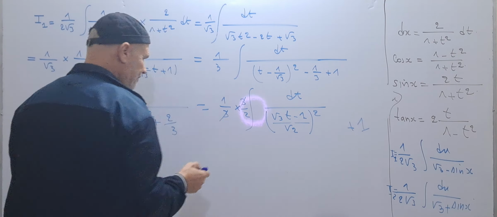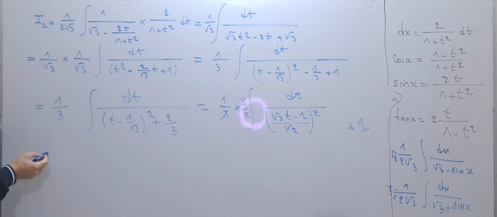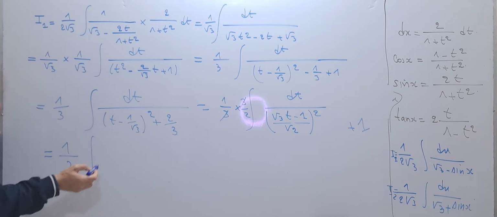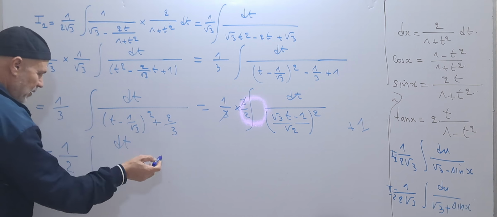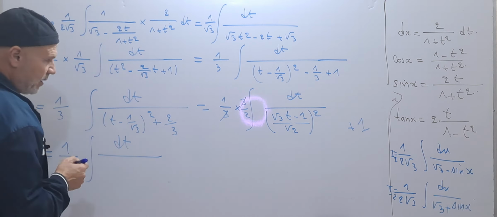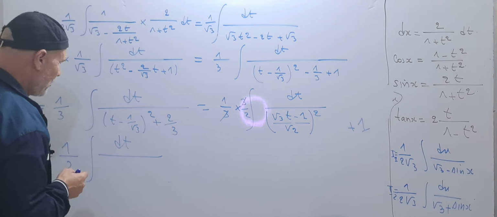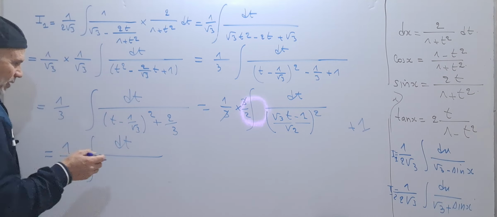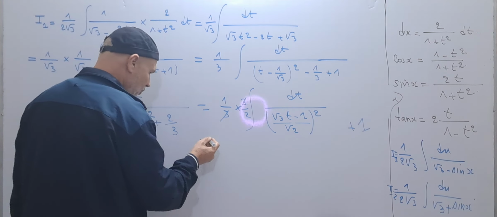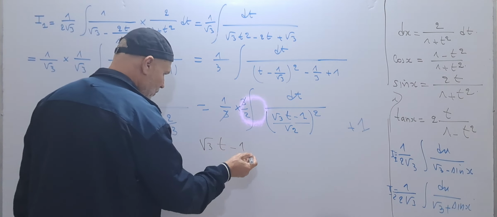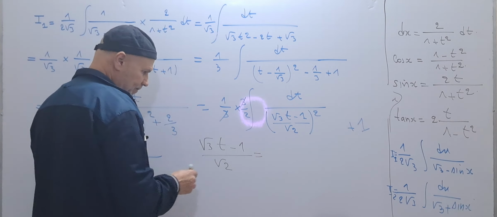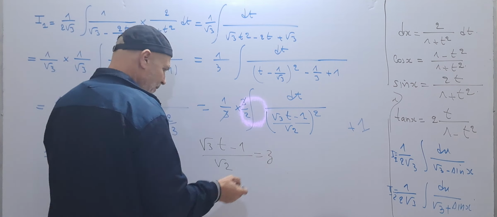And here we have this. So this is equal to 1 over 2 the integral dt over... we can make a change of variable. We take the square root of 3t minus 1 over the square root of 2, this is equal to z, for example.